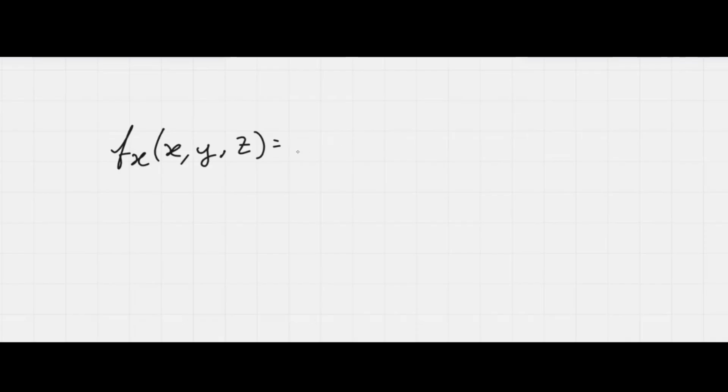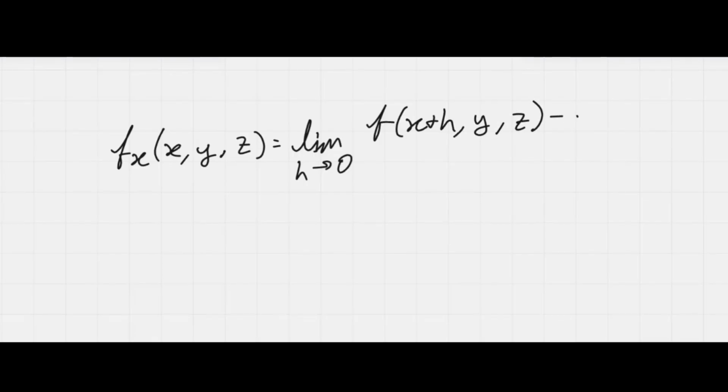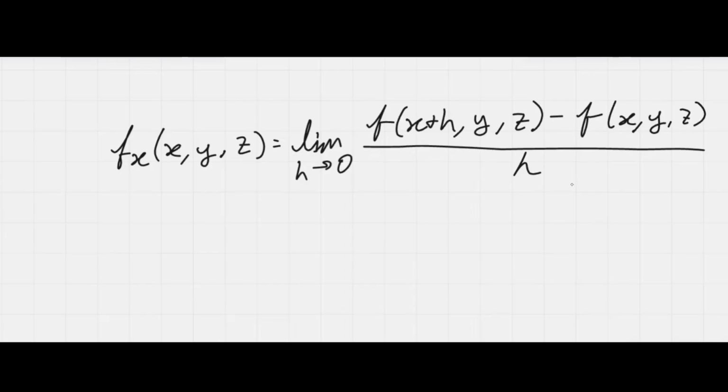And so what that looks like, again, in limit terminology, is the same thing except you're adding another variable, and that other variable would be z. So it's f of x plus h, y, comma z, minus, again, the original function f of x, y, and z, all of that, again, over h because we're trying to find a rate of change.